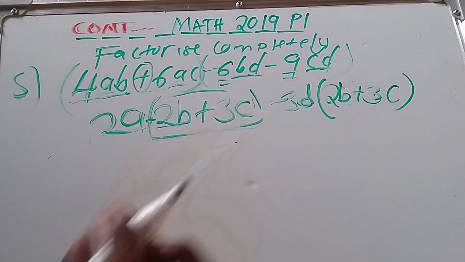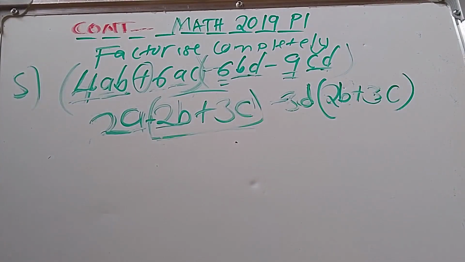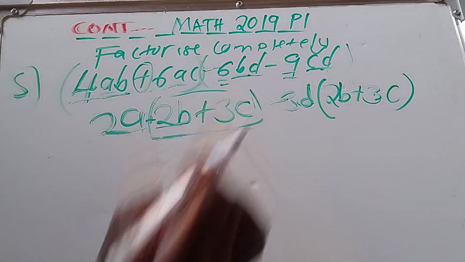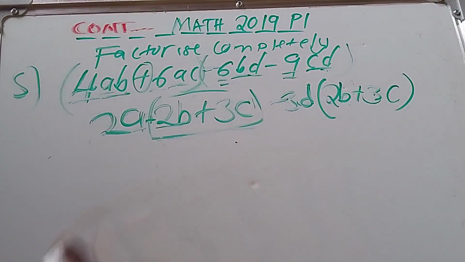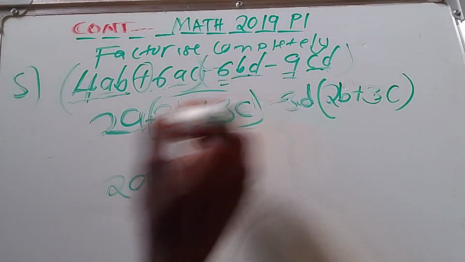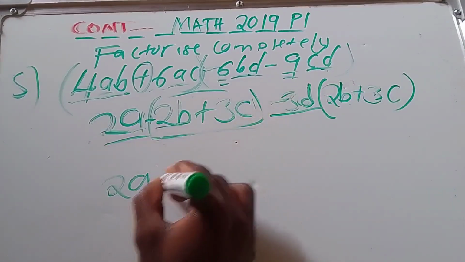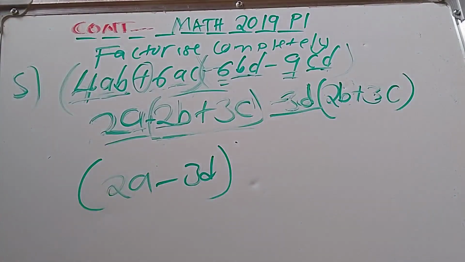We should not just leave the question like that. Since we have this part which is common, we're going to write 1 between these two. So we're going to say 2a, which is this one, minus 3d.